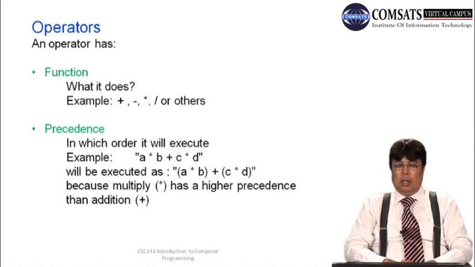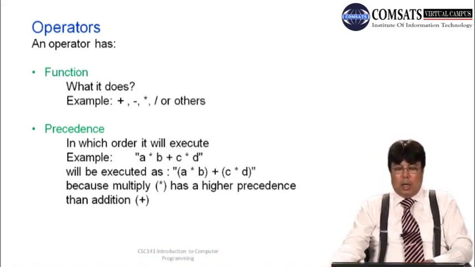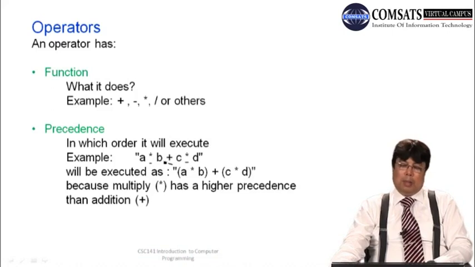Then it will not add c; rather it will multiply c by d, because there is a competition between this plus operator and this multiplication. The a multiplied by b is done. Now should plus happen first or multiply?